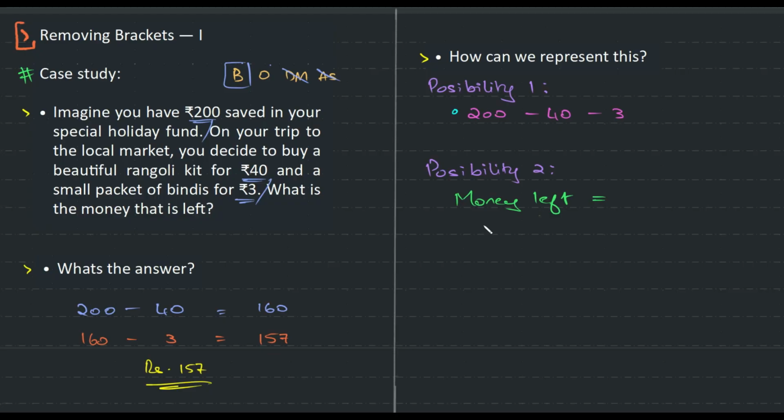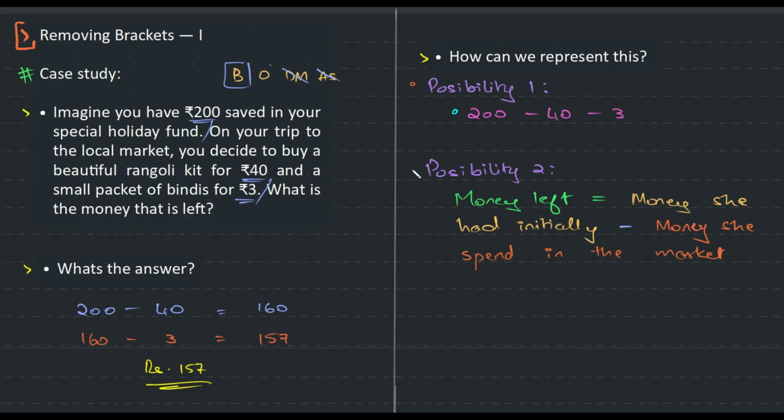I think I'll use that sentence. Money she had, I'll use the word she, had initially. Then what should I do? Yes, subtract that with money she spent in the market. Do you guys agree?